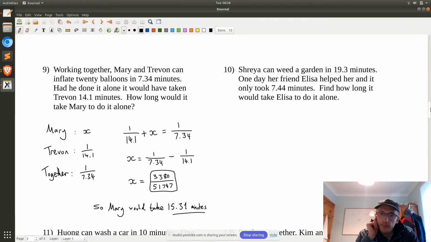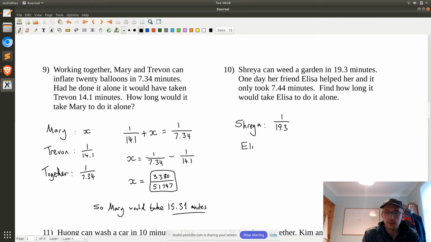Problem 12. Shreya can weed a garden in 19.3 minutes. So your speed is like one whole garden in 19.3 minutes. One day, her friend Elisa helped her, and it only took 7.44 minutes.